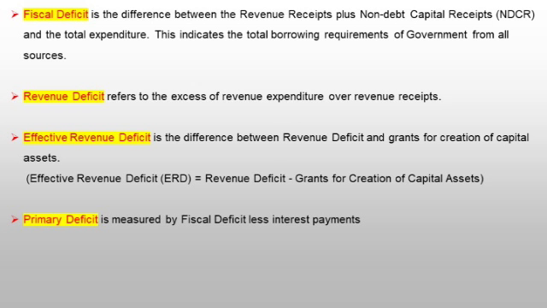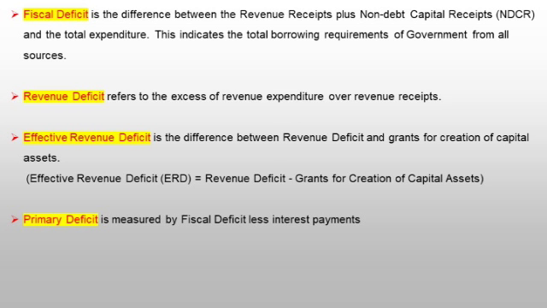What is a fiscal deficit? See the definition. It is the difference between revenue receipts, revenue only, not capital, plus non-debt capital receipts. Non-debt, that means borrowings are not included. This minus total expenditure. What does it give an idea of?